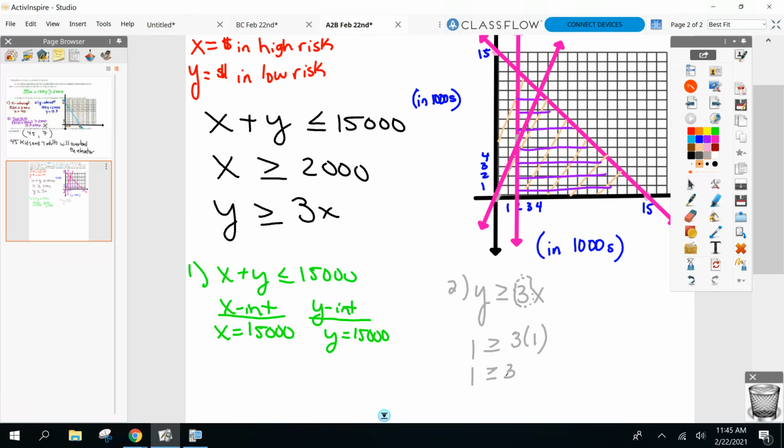Yes or no there? Nope. That is false. So you want to make sure your shading goes away from 1, 1. Do not include 1, 1 in your shading. So would that be an above or below here? Being above. It would be an above one.